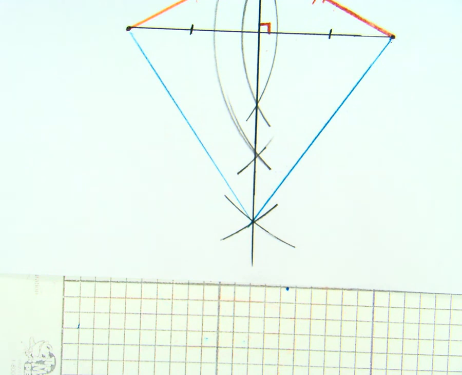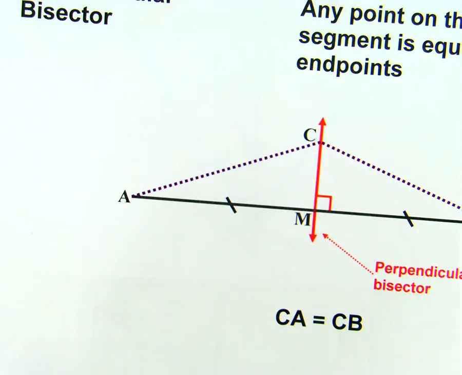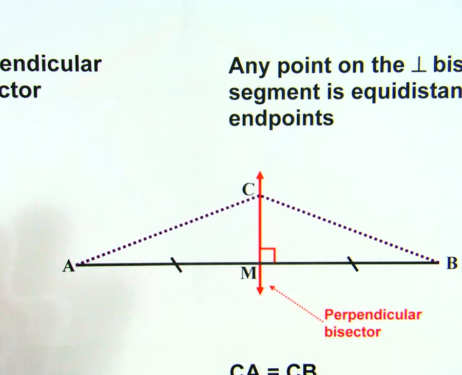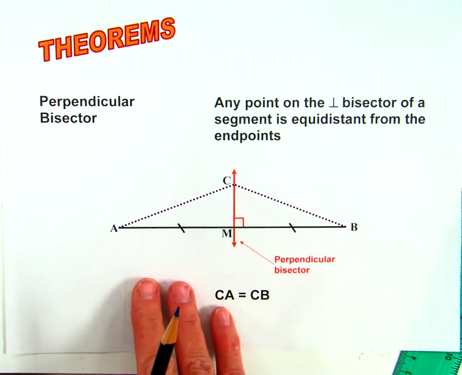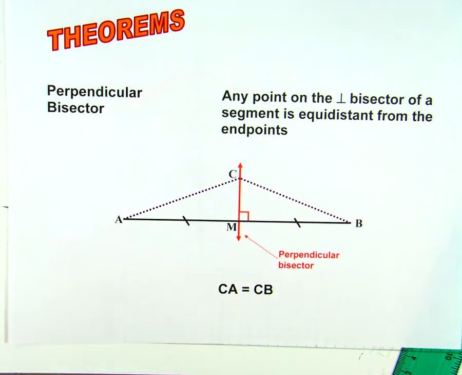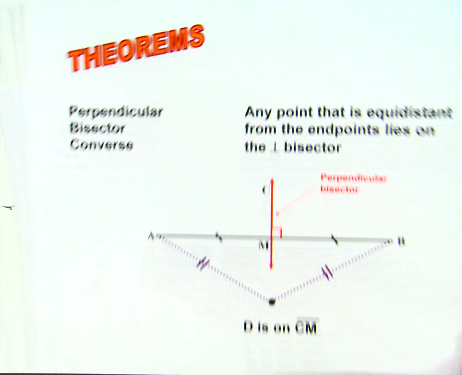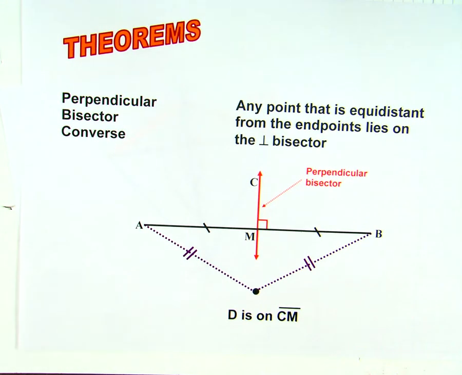What we see, therefore, is that any point on the perpendicular bisector of a segment is equidistant from the endpoints, the perpendicular bisector theorem. And the converse, which we just saw as well, is that any point that is equidistant from the endpoints lies on the perpendicular bisector.